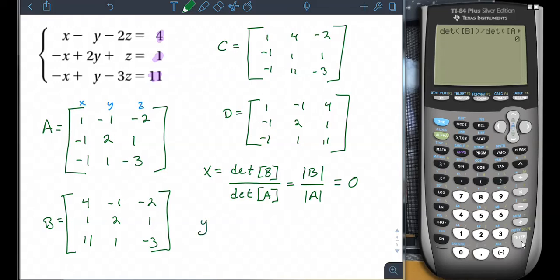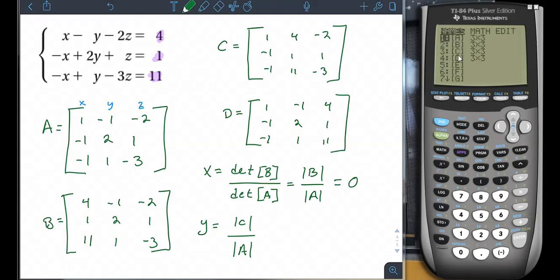Now to find the y value, I told you earlier that I'm going to use C. So I'm going to divide the determinant of C by the determinant of A. I'm going to show you again how to do that same exercise, but instead of using B, we're going to use C. So again, second matrix, right, to math, determinant, second matrix.